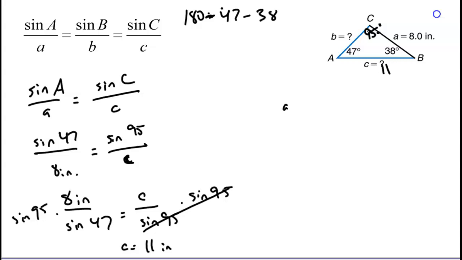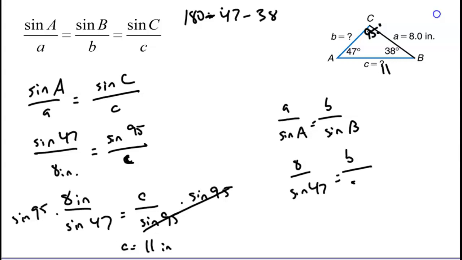Let's rewrite this as A over sine A equals B over sine B. A is 8 over sine 47, which equals B, which we don't know, over sine B, which is 38. We're going to isolate that variable. What we do to one side, we have to do to the other.